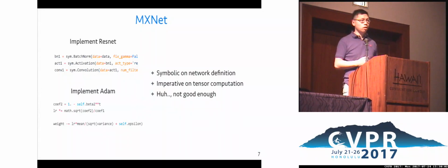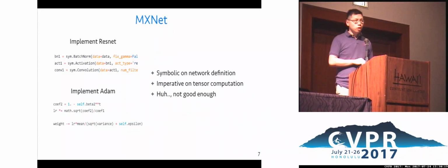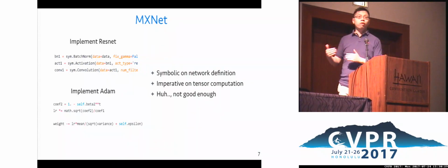For example, the TreeLSTM, where you construct a network based on the sentence of the input. Given the sentence, you build a syntax tree and construct the tree-like algorithm. Implementing these in the symbolic interface is not so convenient. That is why we think we now need a more flexible way to provide to users.